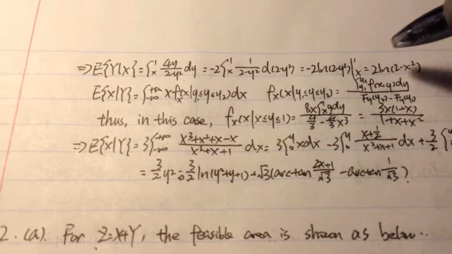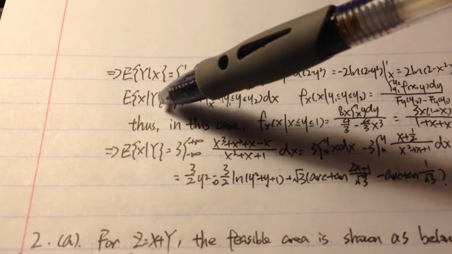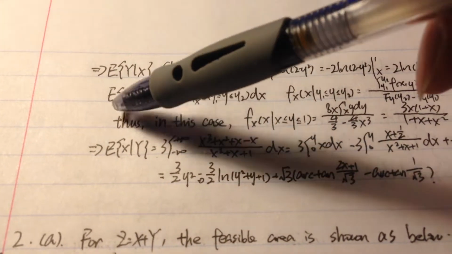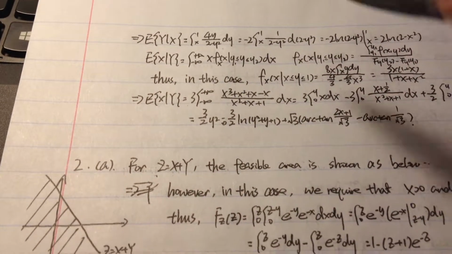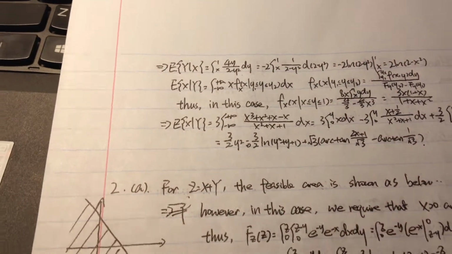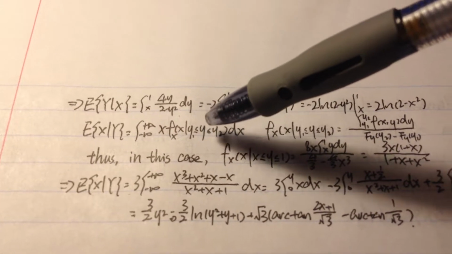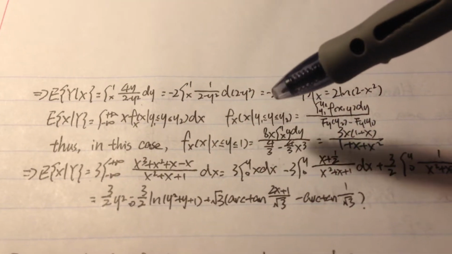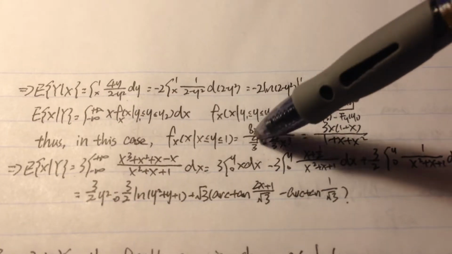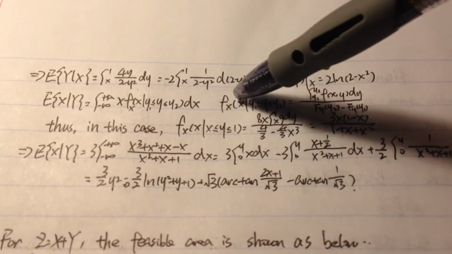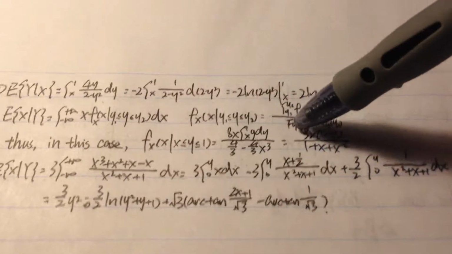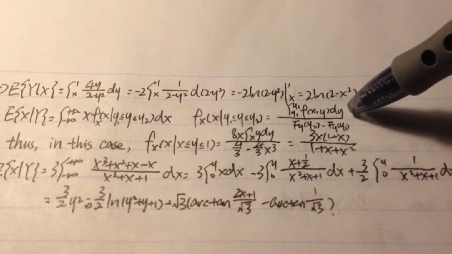and when y is no longer at a single point, the method to solve these problems is the same. We should pay attention that y is from y1 to y2, which in this case is from x to 1, so that this conditional density function is like this one according to the formula.